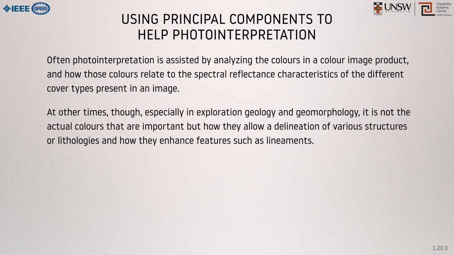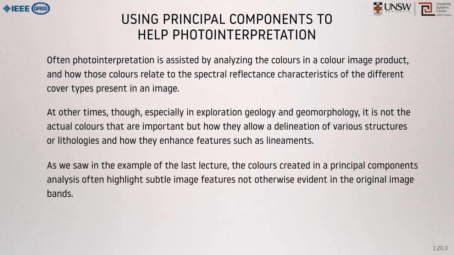That is particularly the case in exploration geology, where the delineation of superficial lithological units is important, as is the identification of linear features, that is, lineaments. The vivid colours produced in principal components imagery, especially for highly correlated images, often allow structure to be seen that is otherwise very difficult to discern.